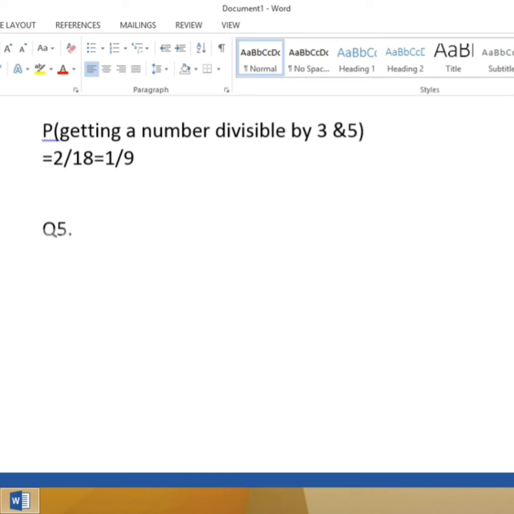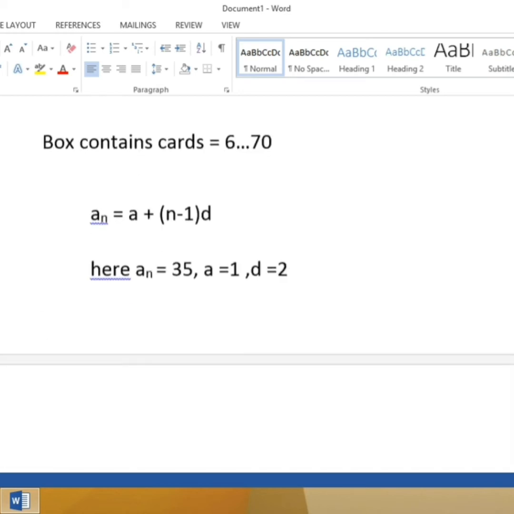Next, question 5. The box contains cards from 6 to 70. And we know the arithmetic progression formula. The last term is 70, the first term is 6, and the difference is going to be 1.